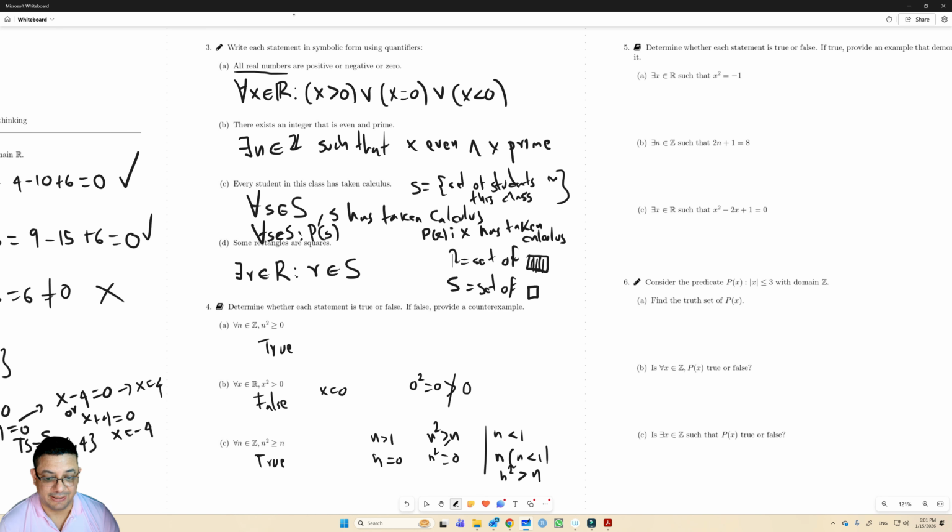Remember, if n is negative, when you multiply an inequality, it flips the inequality. So notice that for all these cases, it holds true.